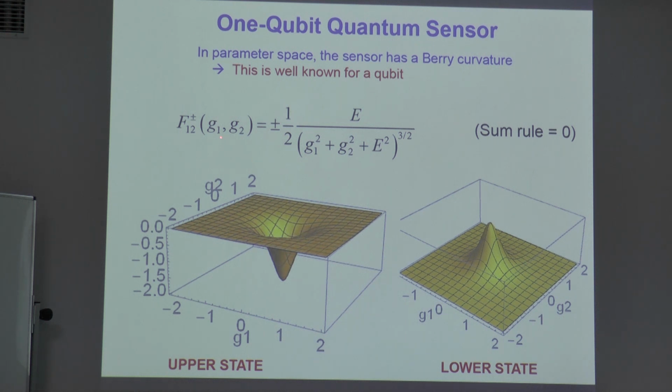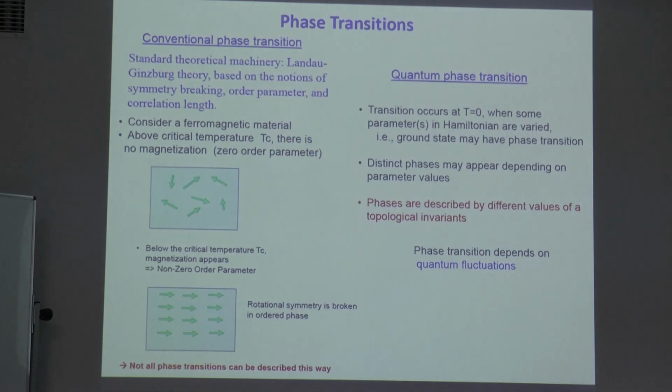So this is a simple plot of the Berry curvature as a function of G1 and G2, and there's a monopole here, right? This is +1 for the upper, and -1 for the lower, and so there's an actual monopole here, and this is actually well known once you think about it.